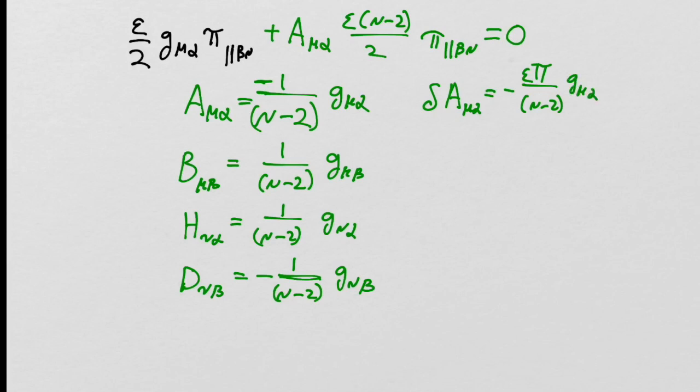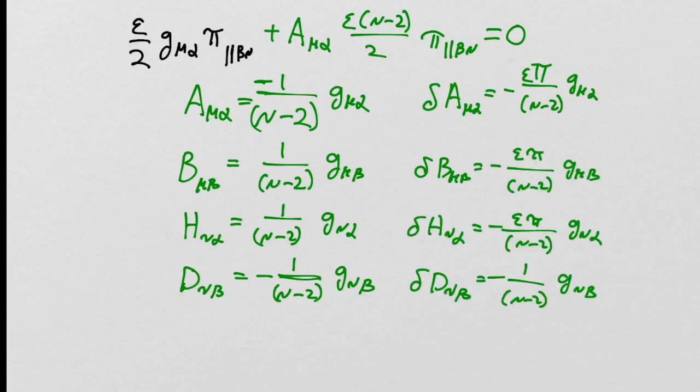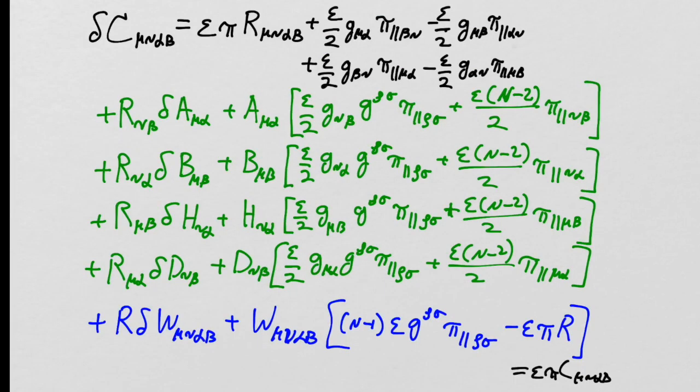So that's the variation A. Then the variation in B mu beta is going to be similar. And so now we have all of our variations. So now these variations will get substituted right in here, right in here.